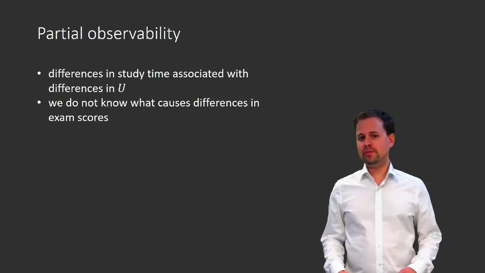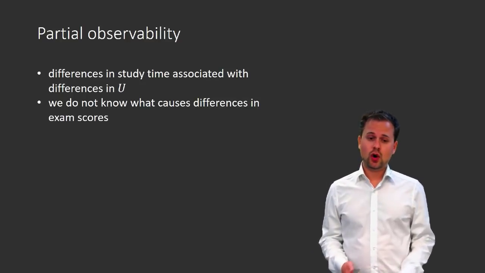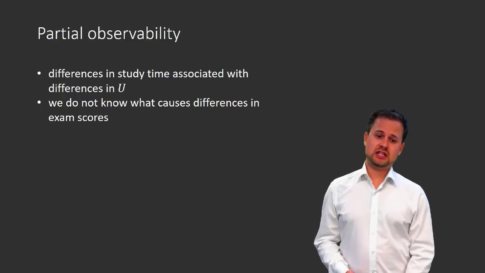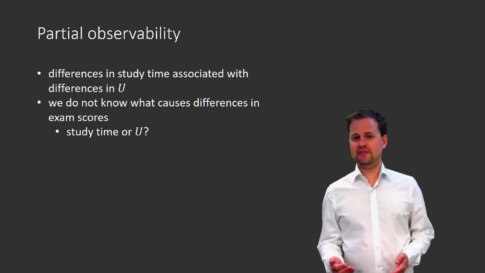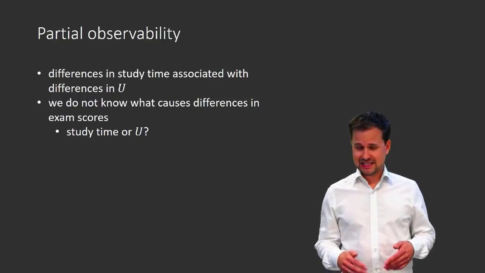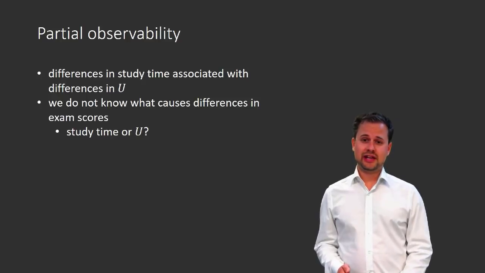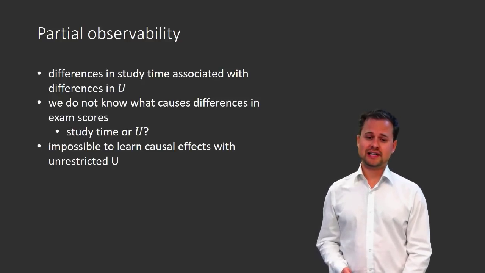So it could be driven by their different decisions on how much they wanted to study, or it could be driven by differences in u. The upshot of this is that if we only partially observe the model and don't place any restrictions on u, then it will be impossible for us to learn causal effects.